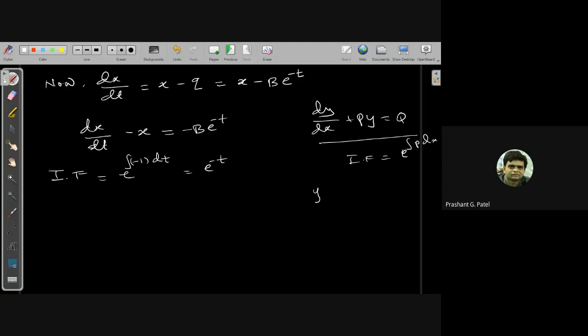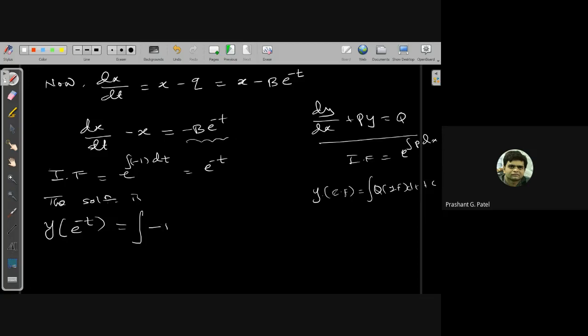Here the solution is y into integrating factor equal to integration of q into integrating factor plus some constant. So here the solution will be x into integrating factor, e power minus t, equal to integration of q, the value of q is this, that is minus b e power minus t, into e power minus t, integrating factor is e power minus t, dt plus some other constant, let's say c.